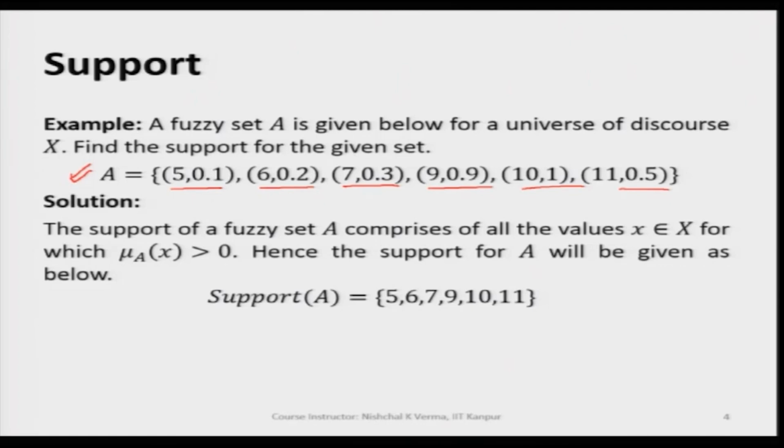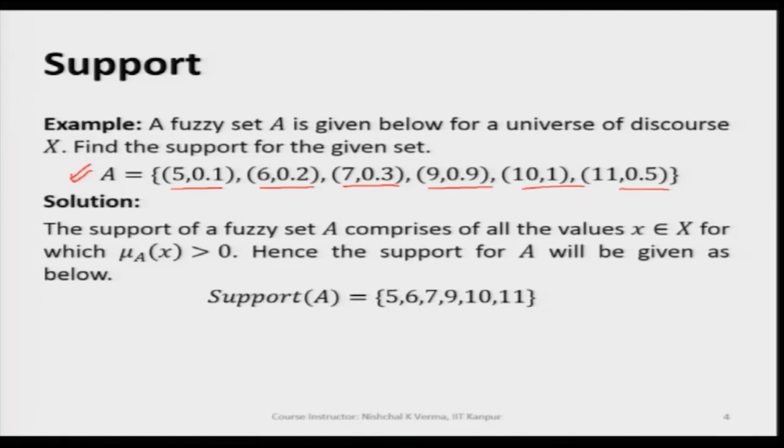And as per the definition, if we are interested in finding the support of a fuzzy set, especially this discrete fuzzy set, we can write the support of a fuzzy set A for this case as the collection of all the points for which the corresponding membership value is greater than 0.